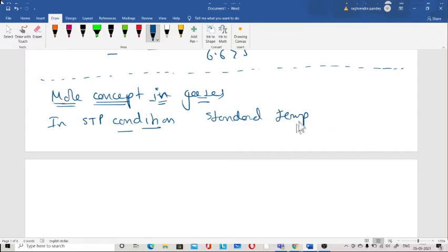No, not 0 Kelvin. 0 degrees Celsius, sir? 1 atm is correct. Pressure is 1 atm. I forgot about the temperature.